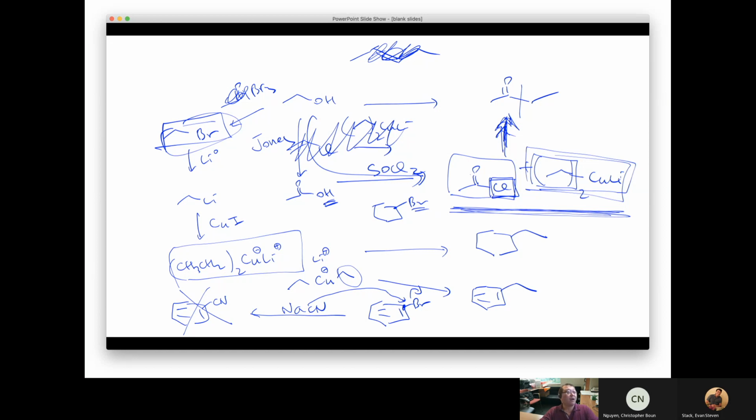I was trying to go over some of the reactions that we discussed in OChem 1, and give you an idea of how to solve these multi-step synthesis problems, how to design multi-step syntheses using those homework problems.